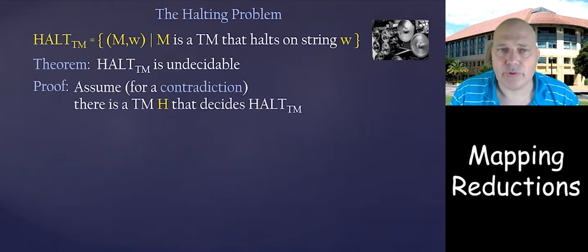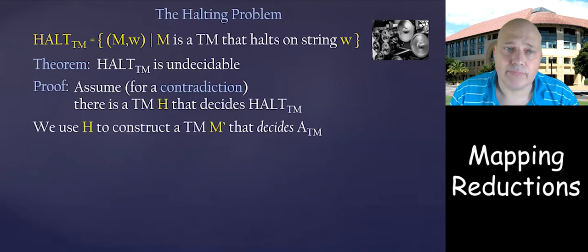Assume for the sake of contradiction that there is a Turing machine H that decides HALT TM. And we're going to use H to construct a Turing machine M prime that decides ATM. This, of course, is going to be a contradiction because there is no Turing machine M prime that decides ATM.